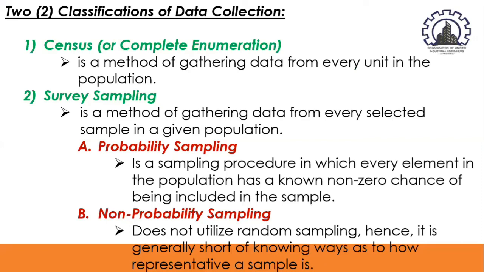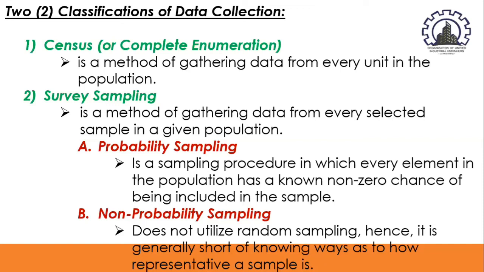However, this is not always feasible because at times the population is unknown, and therefore the population frame is not always available. Besides, conducting a census entails a large amount of money, time, as well as effort. On the other hand, survey sampling is a method of gathering data from every selected sample in a given population.